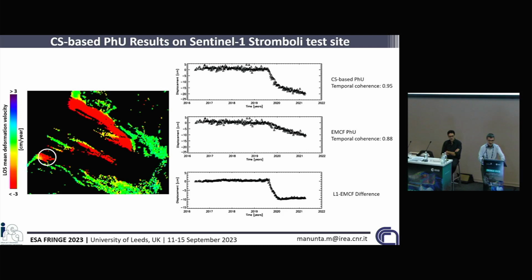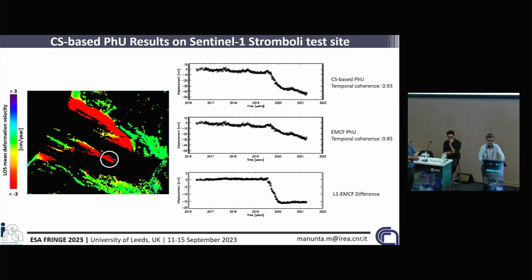And if we have a look at the time series, we can see how the volcanic activity that occurred in 2019 generated a very strongly nonlinear pattern that is not detected by the EMCF, but is detected by the new approach. In this case, we correct more than 10 centimeters of deformation for a total deformation of about 20 centimeters.